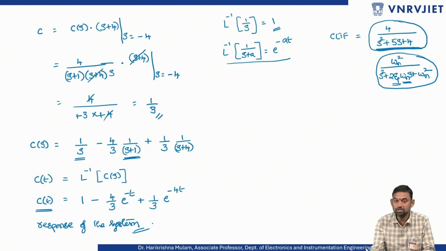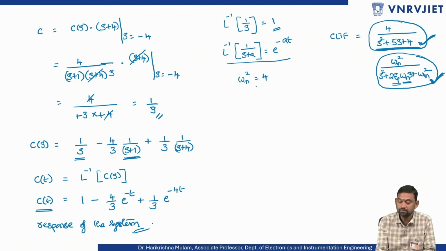Always give preference to comparing the denominators. So if you compare s square plus 5s plus 4 with s square plus 2 zeta omega n s plus omega n square, you can write omega n square is equal to 4.